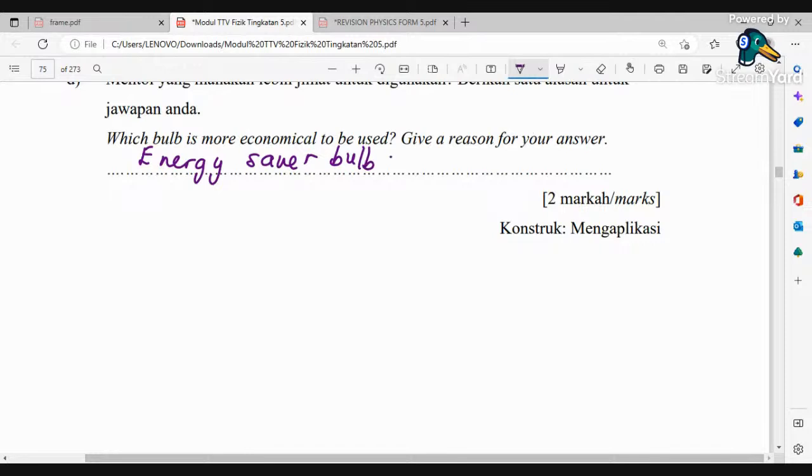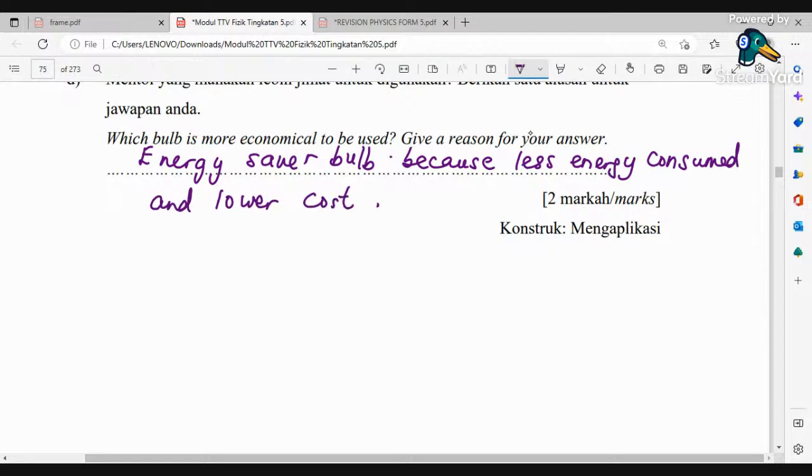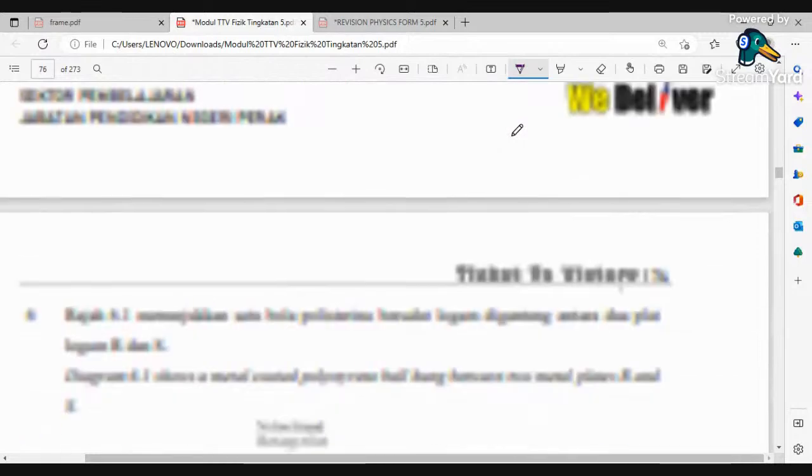Sekarang pun ramai orang guna yang ni kan, energy saver bulb, because less energy consumption ataupun less energy consumed and lower cost. Okay, of course lah, jadi energy saver bulb.